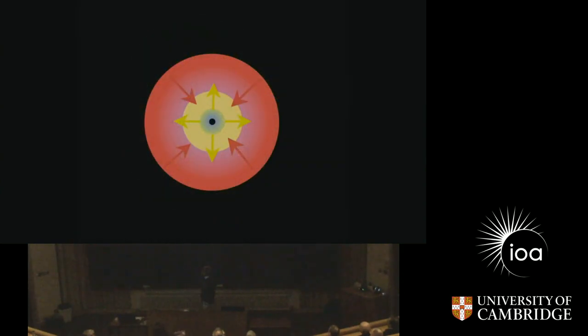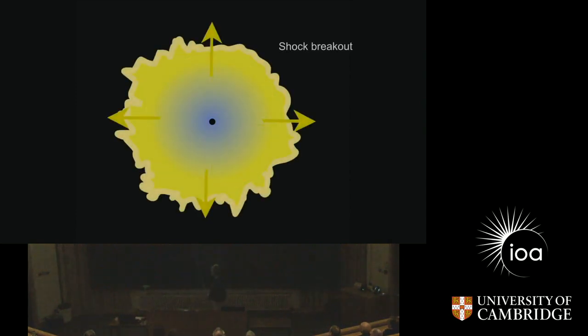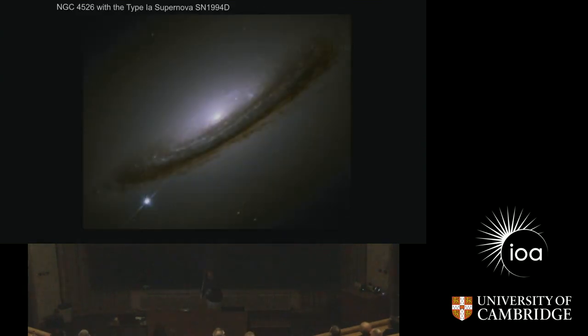The shock wave propagates out through here, creating lots of very heavy elements as the material falls inwards. The shock wave, after a few hours, bursts through the surface, and we have what is called a supernova. And a supernova completely outshines an entire galaxy. It is so luminous and so powerful.